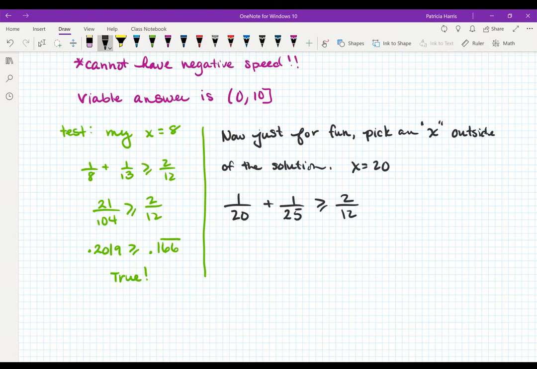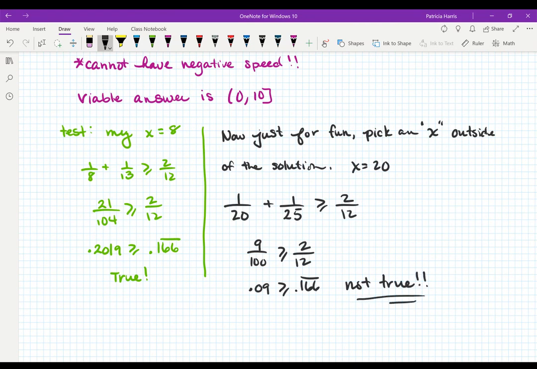Okay, so let's see. See how that works? So to get that average speed of at least 12, I need my initial speed to be between 0 and 10, or something wonky is going to happen.